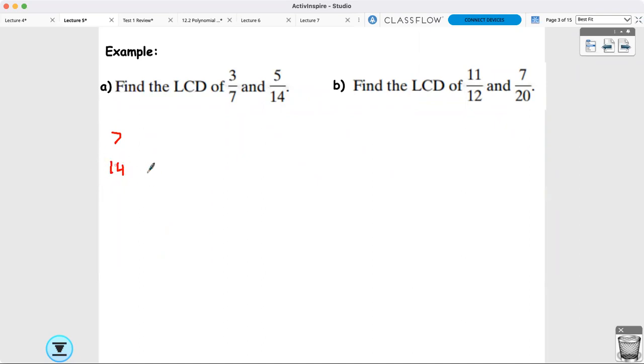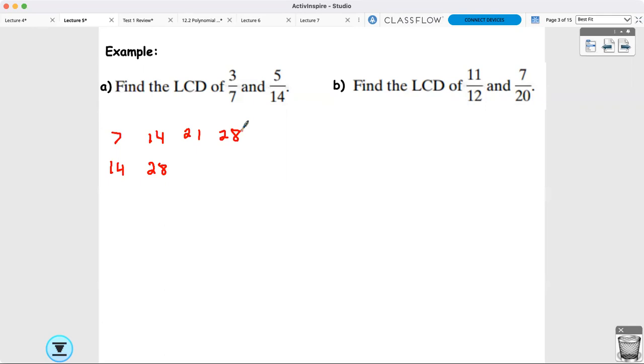A multiple of 14 is 14 plus 14, which is 28. Now we take the second denominator, 7, and count by sevens until we get a common one. 7 plus 7 is 14, then 21, then 28. You notice we have two common denominators here, the 14 and 28.